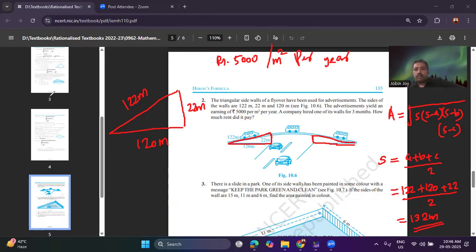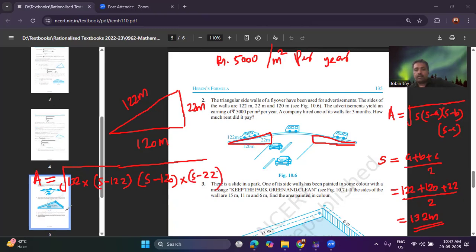Then you can use Heron's formula to calculate the area. So the square root of 132 into S minus 122. S is 132, right? I'm not writing the value. So S minus 120 into S minus 22. Simplify it and you will get 1320.77 meter square. That is the area.